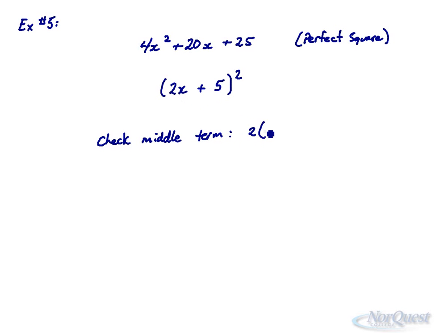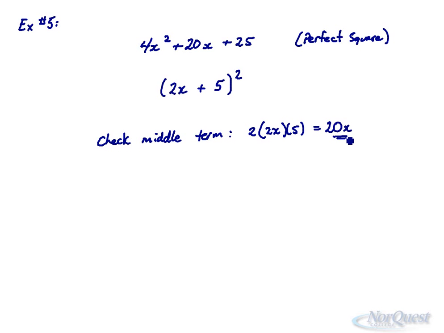So 2 times 2x times 5 gives you 10x times 2, which is equal to 20x. If the middle term checks out to be the same as in your original, then you know you've had a perfect square trinomial. So at this stage, you can get this answer.